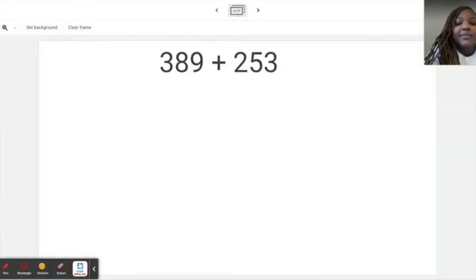Now, on to our next problem. We're still going to use strategy 2, which is regrouping. So this problem says 389 plus 253. So you know what you have to do first.